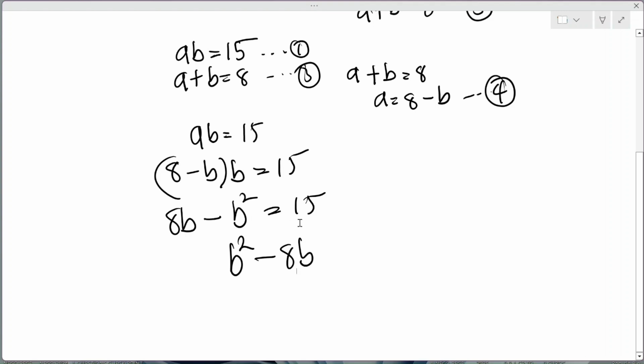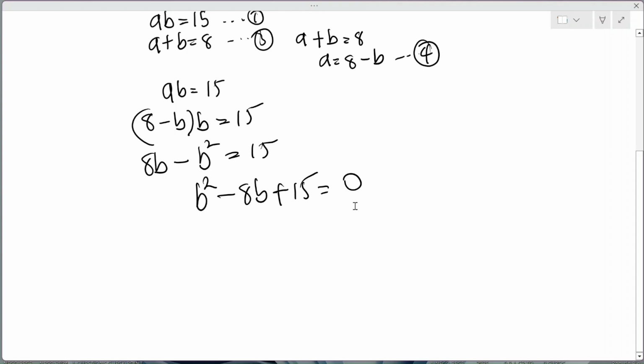You know, this plus 15 is on the side we're moving these two other terms to. So you still have plus 15, and you can put your equals 0 on this side, although the equals sign should be on this side, but it's allowed in math. It's just to make sure the coefficient of B squared is positive to make solving this quadratic equation easy.